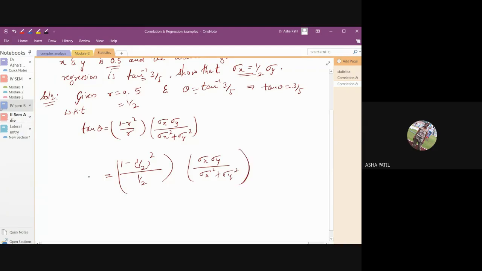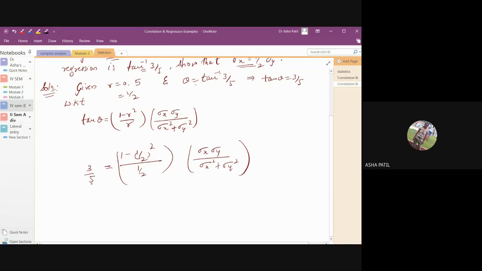The LHS I didn't write, it is 3/5. The value of tan theta is 3/5. Just simplify it, you'll get the value. 3/5 is equal to, numerator becomes 1 minus 1/4 divided by 1/2 sigma x sigma y divided by sigma x square plus sigma y square.